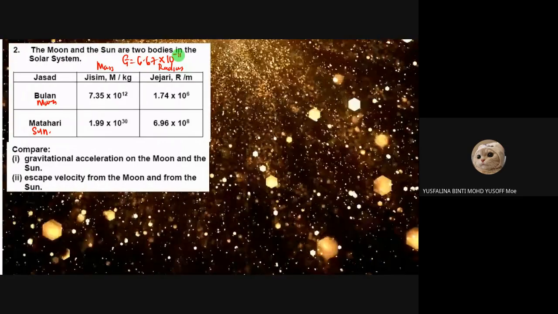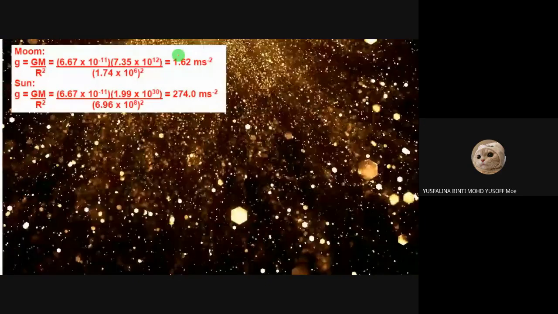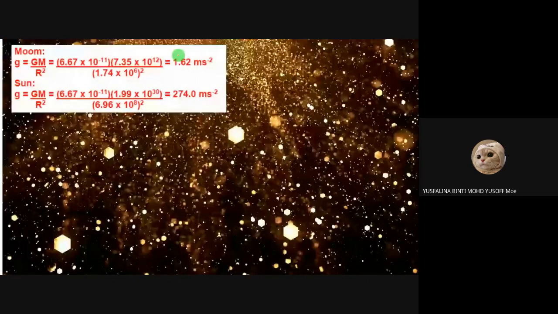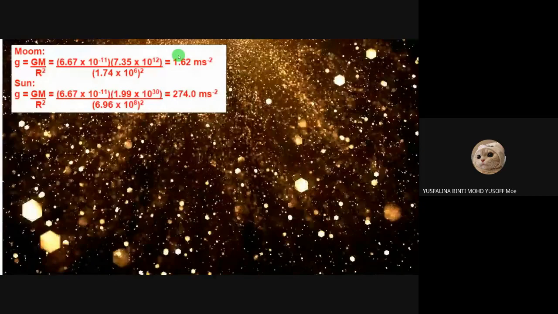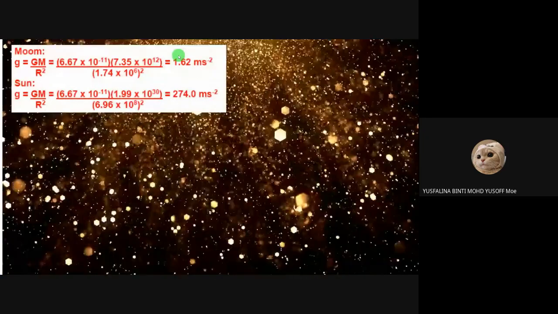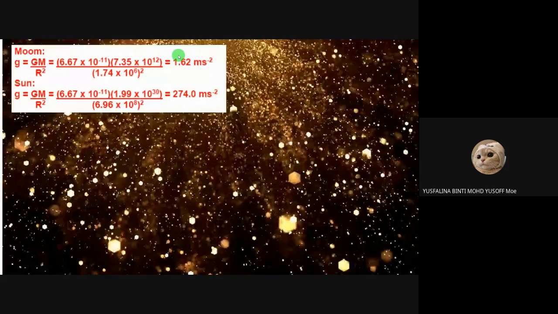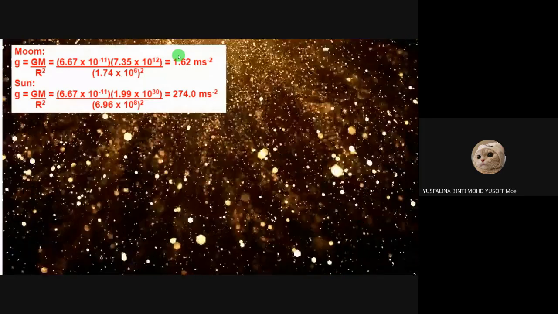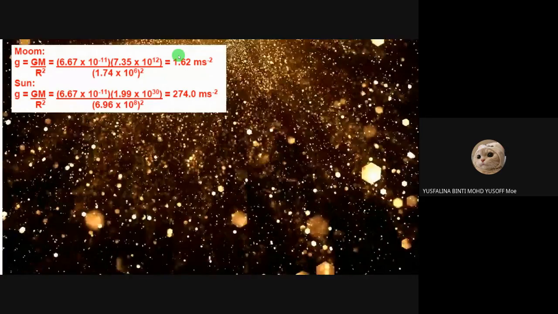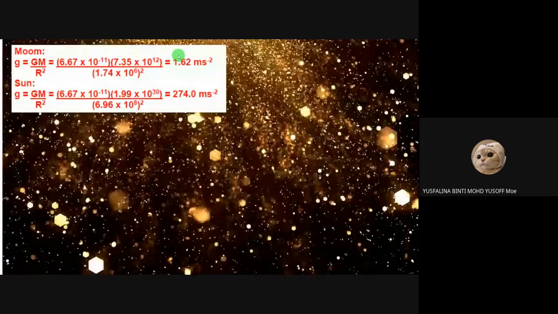Okay, so let's check the answer. For the moon, you got 1.62. Wait, let me check first whether the answer is wrong. 6.67 exponent negative 11 and 7.35 exponent 12.